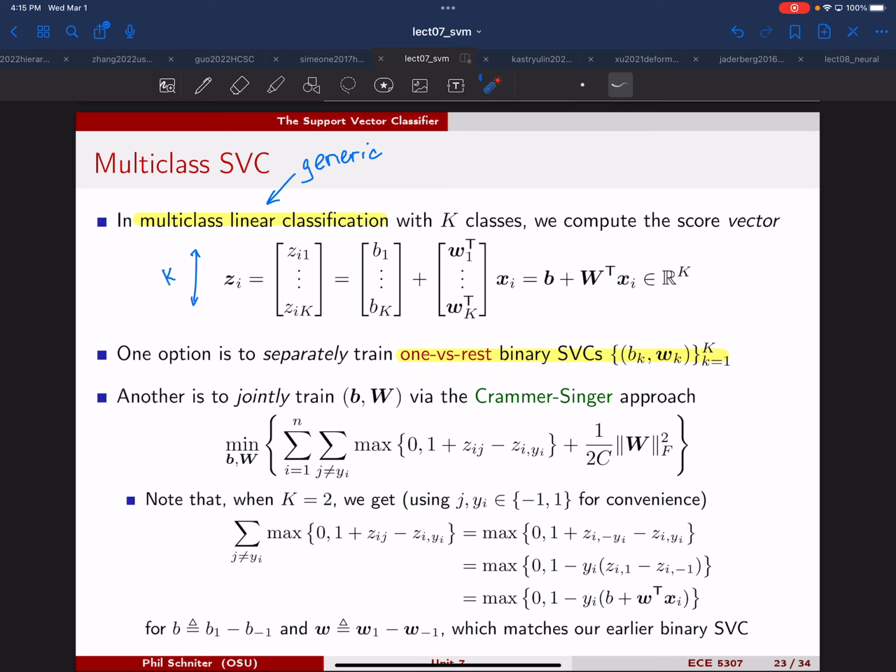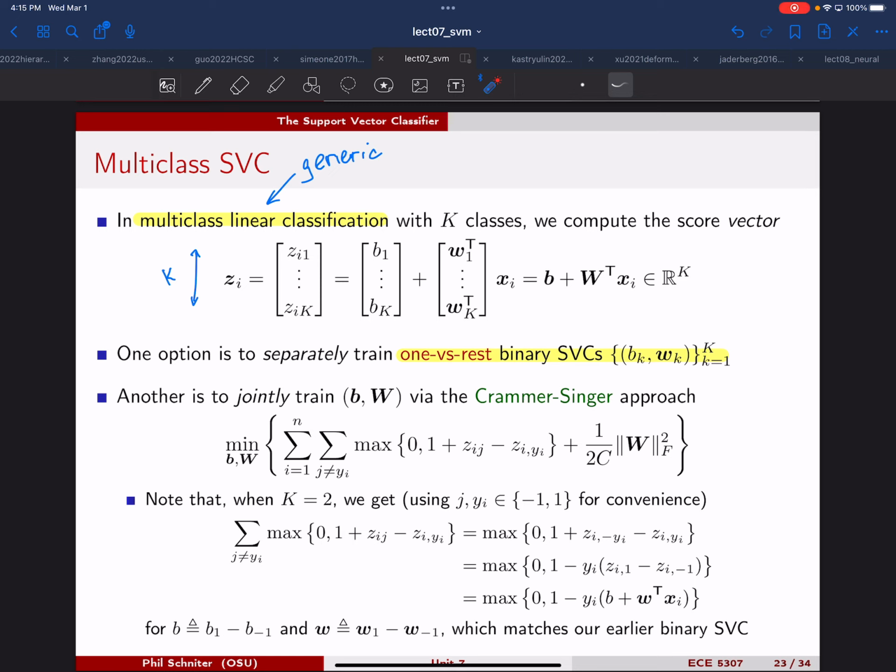The second option is to jointly train all the b and W parameters together. We did that with multinomial logistic regression back in Unit 5. And now we can do it with an extension of our binary SVC that I'll describe right here, called the Kramer-Singer extension.